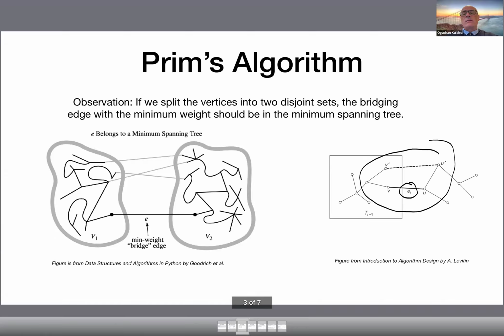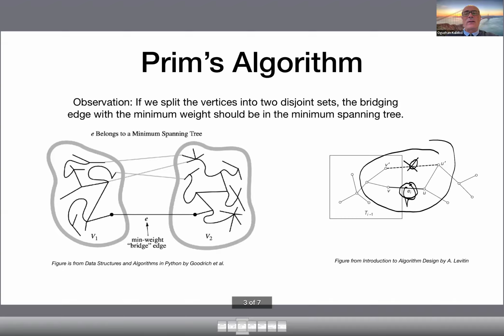But remember, once I insert this one, there is a cycle, so I need to remove one of the others to make this a tree. And I know that the cost of this one is less than this one. So let me just remove this one and insert this. What will happen? I will come up with a new spanning tree whose cost is less than the previous one.